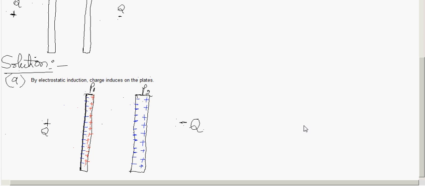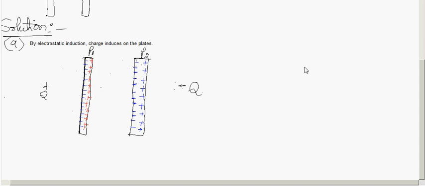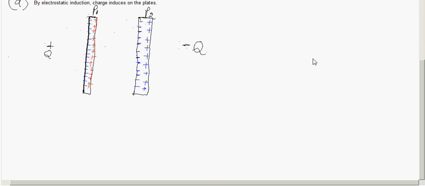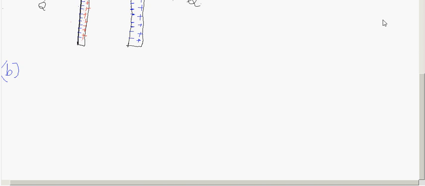Now question number B asks us to draw the electric field lines. Let us try to draw the electric field lines for the system. Draw P1, P2, plus Q and minus Q again.